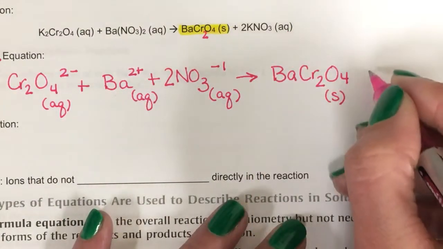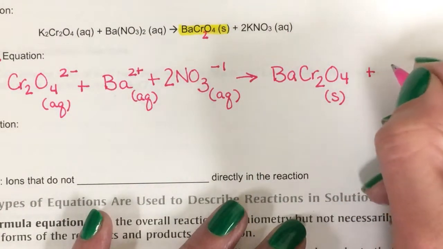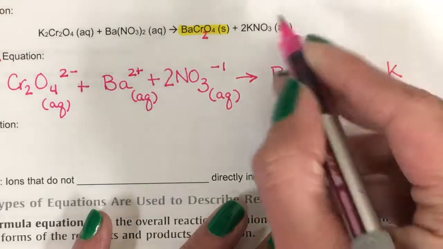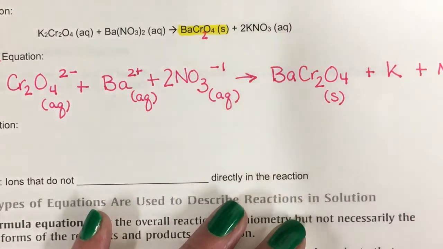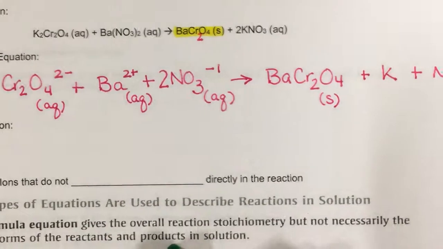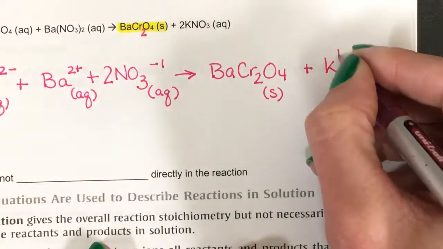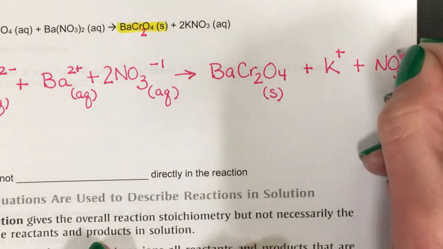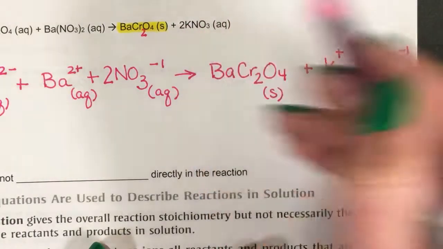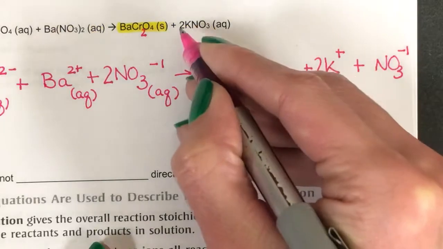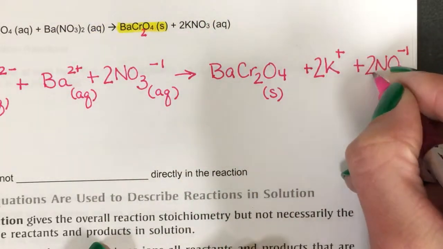This one's aqueous, so again, I'm going to break it up. It's going to be K and NO3. I keep track of charges. K is a +1, NO3 is a -1, and I have 2 Ks and 2 NO3s.